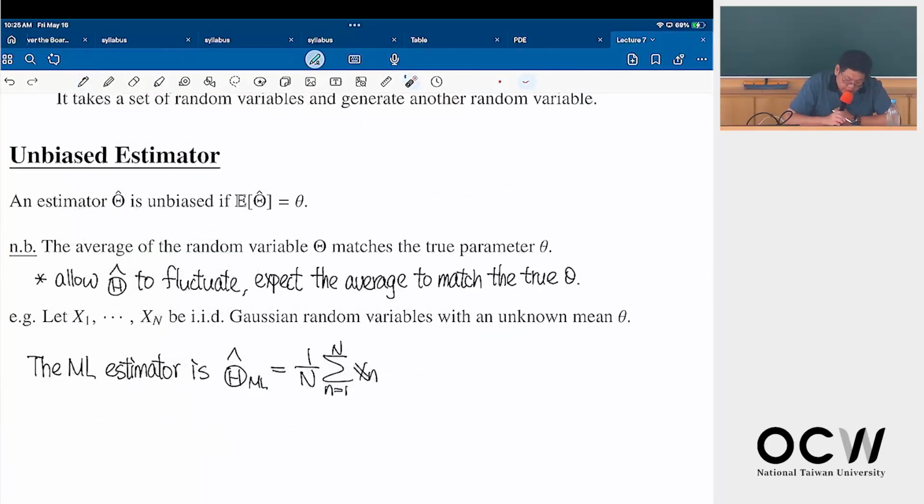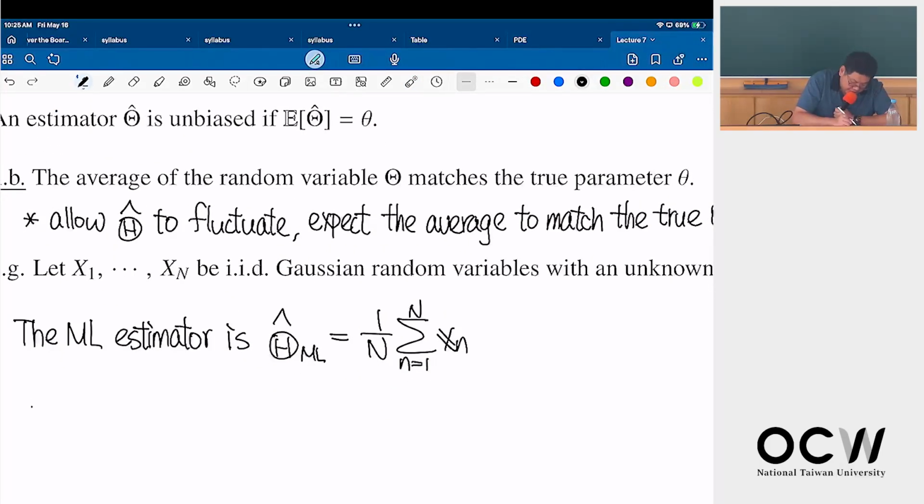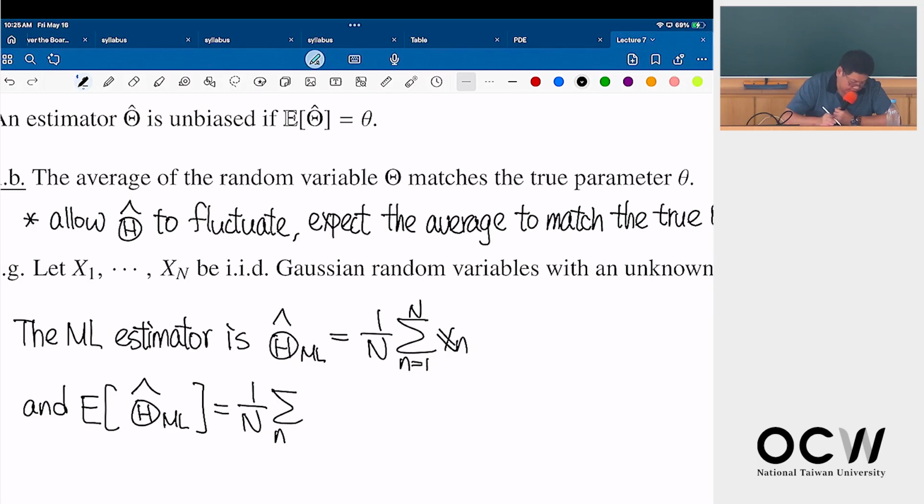So for the IID Gaussian, the maximum likelihood estimator is here. And then we expect, hopefully, that the mean or the expectation is 1 over N summation n from 1 to capital N, expectation of xn.